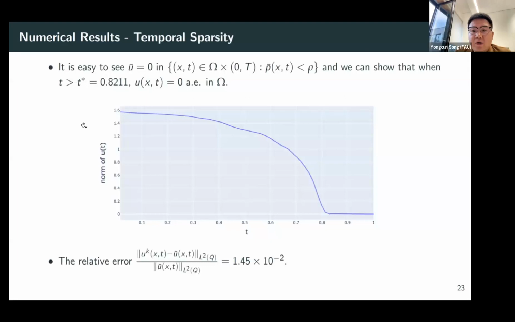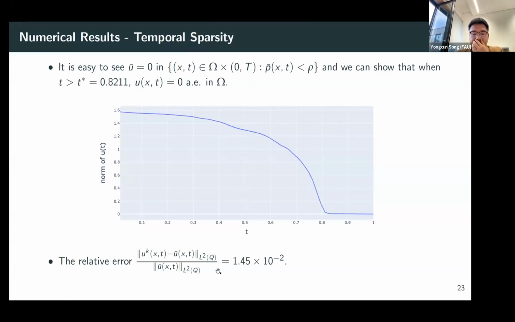And for this example, in addition to the spatial sparsity, we can show the temporal sparsity. That means if T is large enough, the control variable u is 0. By the problem settings, we can show that if T is larger than 0.8211, then the control variable u is 0, as shown in this figure.